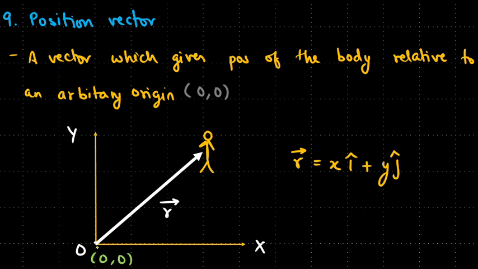So y will mean the length that you have to move from here to here, and x will be the length that you have to move from here to here, and i and j will just be the direction. So actually, this point right over here, where this man is, is x comma y. So this x and this y are the values that are written right over here.